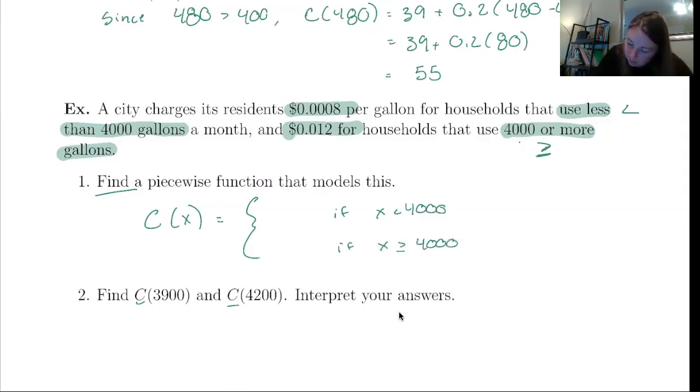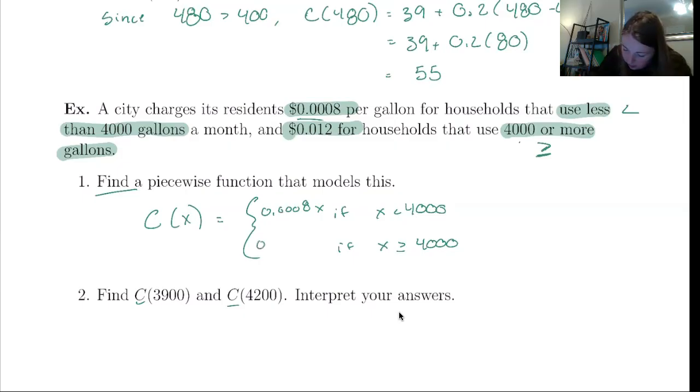If I'm less than 4,000, if I'm in this first camp, then I'm going to be charged that much per gallon. So I hope it's clear that we're going to do 0.0008 times X, because it's per gallon. I'm multiplying by gallons, so it's just going to give me the amount out.